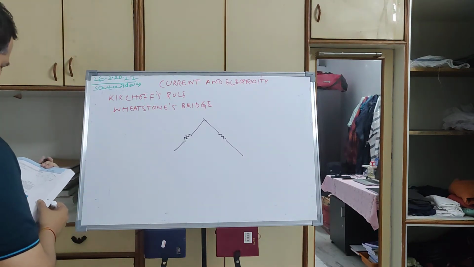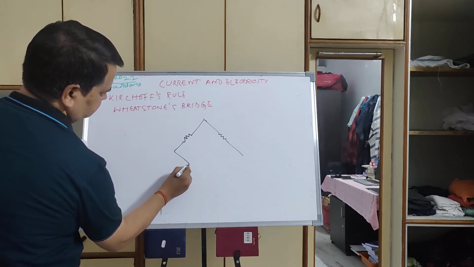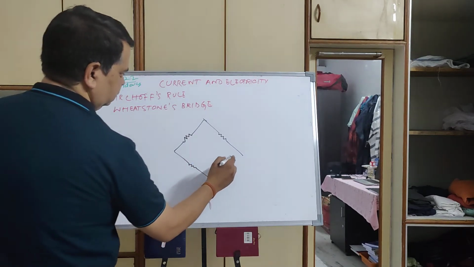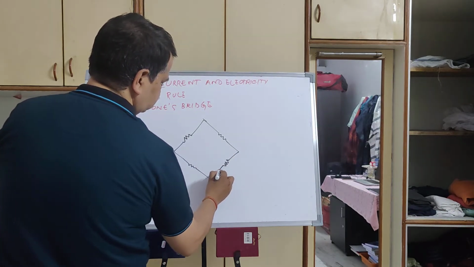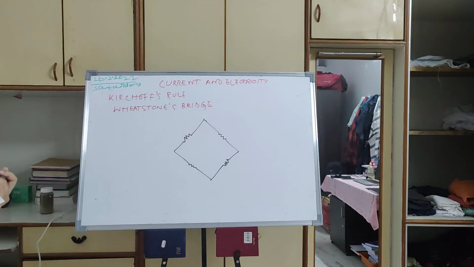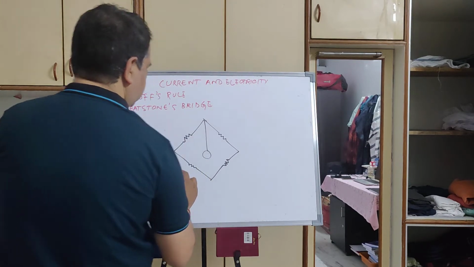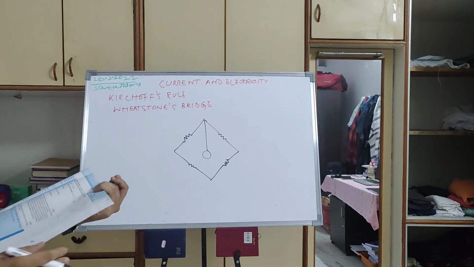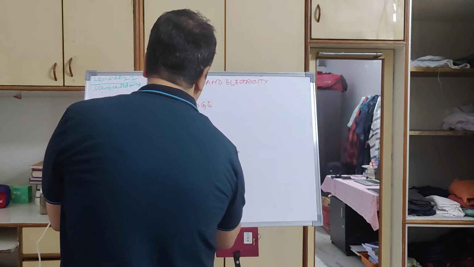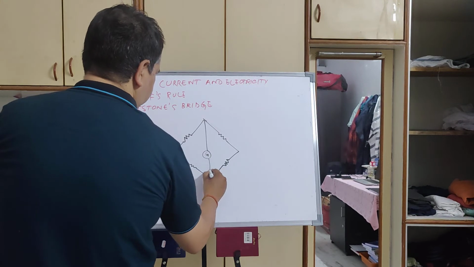We have a Wheatstone Bridge. And you have a galvanometer. A galvanometer can be an ammeter, it can be a resistor. All concepts start with the galvanometer. I'll tell you what a galvanometer is. The symbol is G.